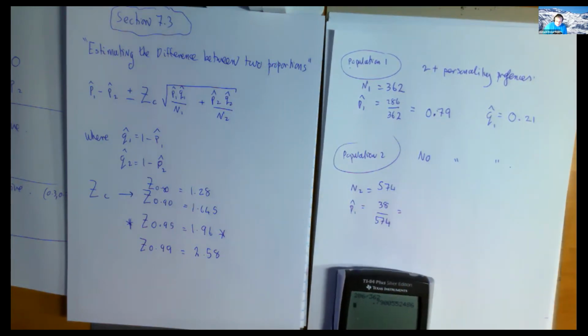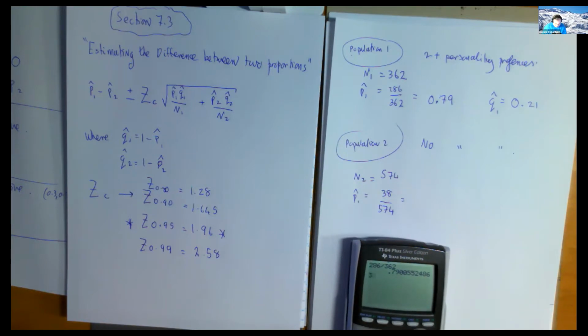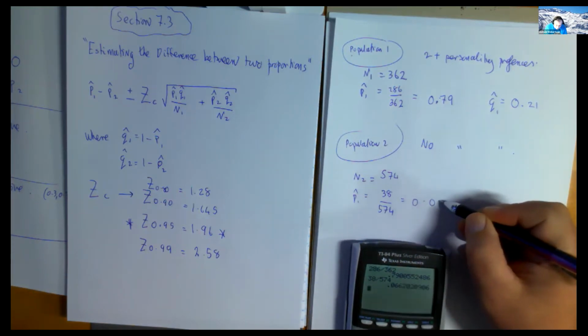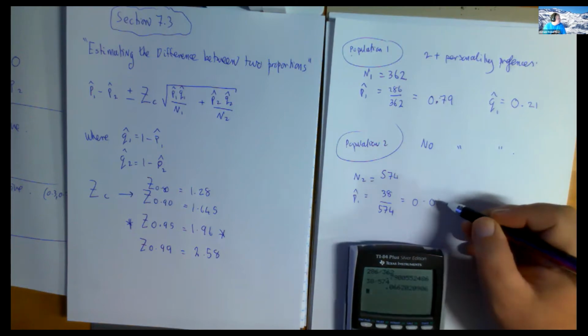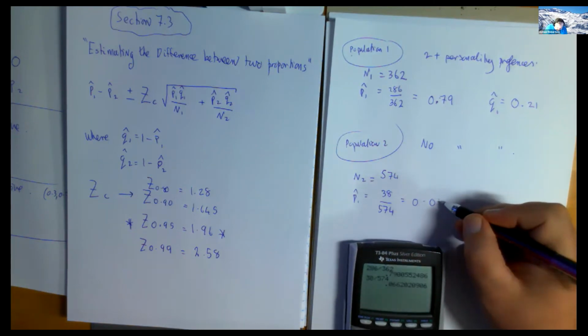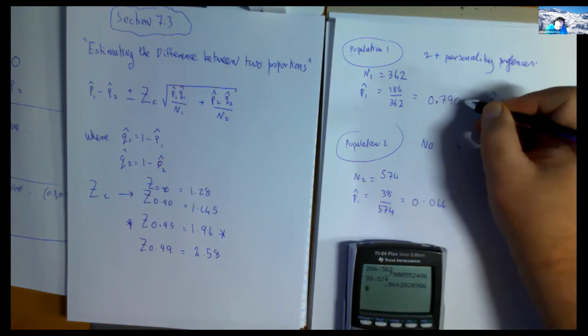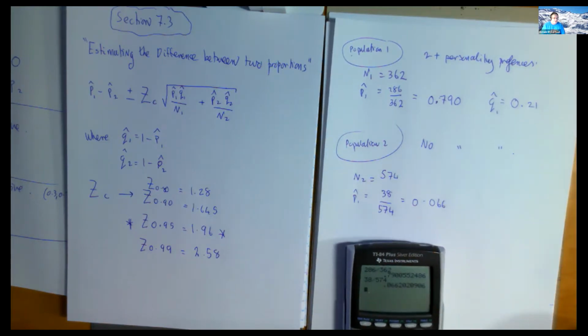It's going to be 38 divided by 574. And the answer I got here is 0.0. Oh, what accuracy do they want? 3 decimal places, okay. 0.066. This one up here is okay because to 3 decimal places, it's just a 0.